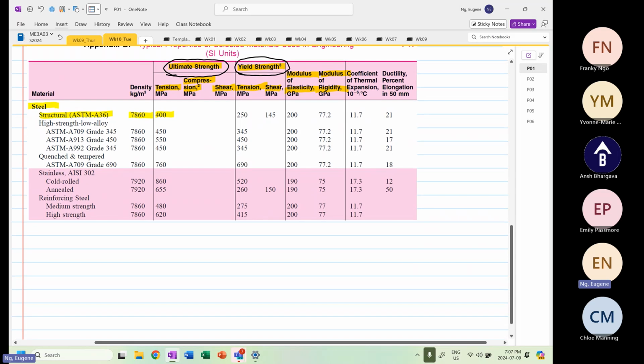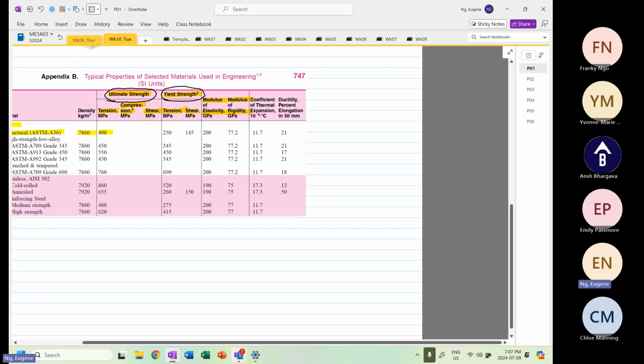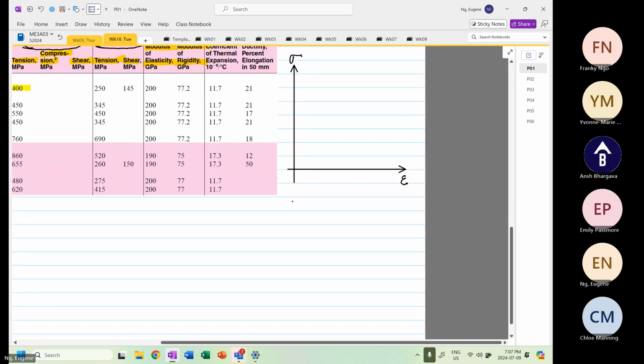If we go back to fundamentals and look at the stress-strain curve, on one axis we have epsilon, which represents normal strain, and strain is unitless.